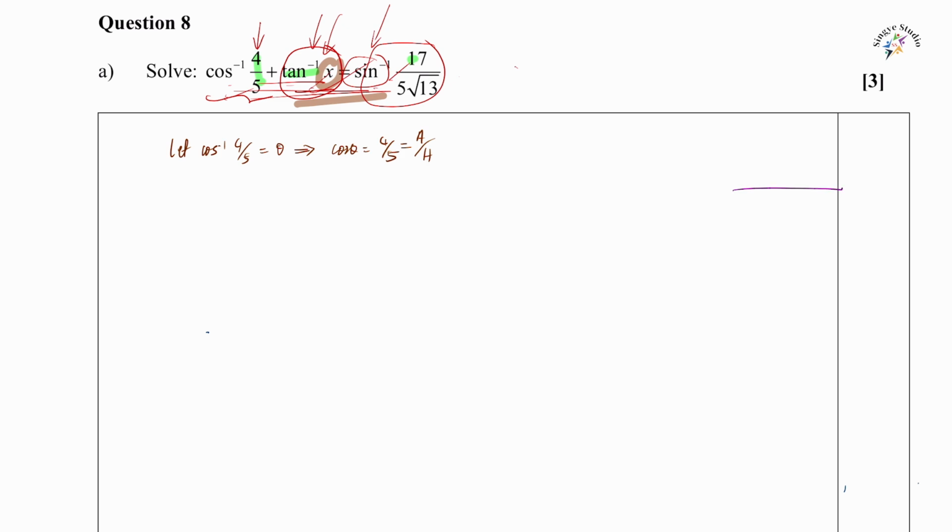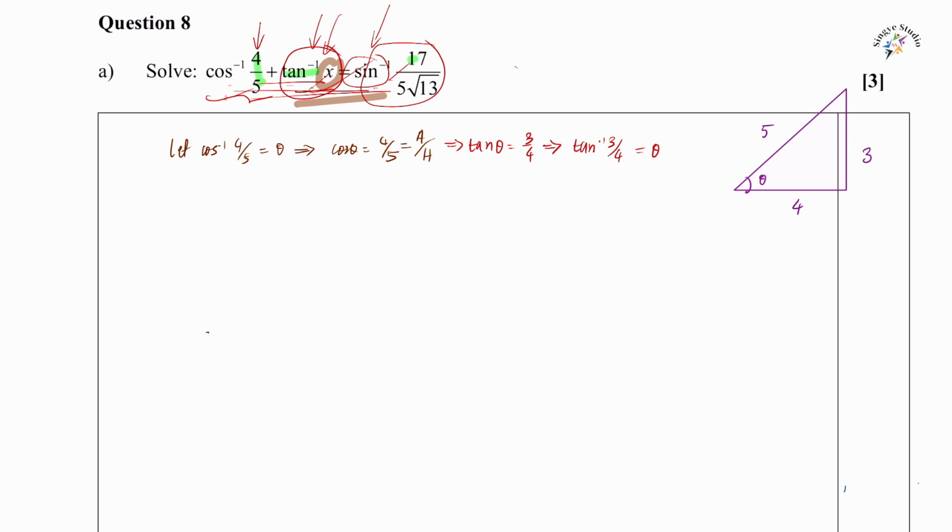We can draw a triangle with this angle theta, this side the adjacent, this one the hypotenuse, and using the Pythagorean theorem you get the opposite as 3. So tangent theta equals opposite by adjacent, 3 by 4, so theta equals tangent inverse of 3 by 4, which means cosine inverse of 4 by 5 equals tangent inverse of 3 by 4.